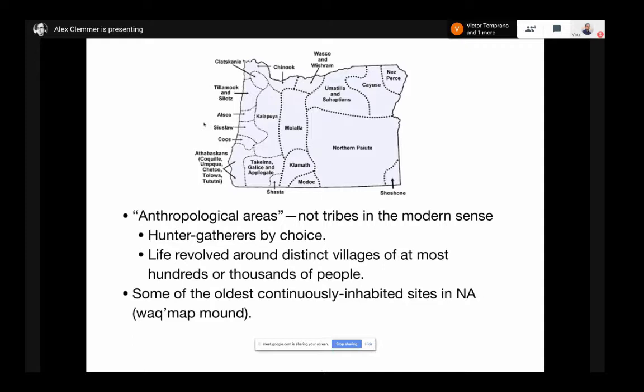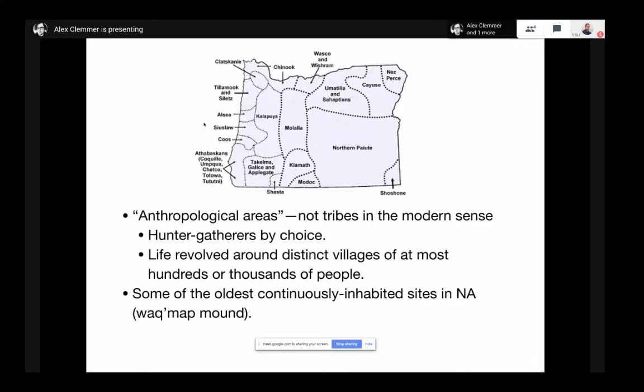And when you go read books about this, a really great book is Robert Boyd's People of the Dalles. One of the interesting things is that they tend to regard the tribes of the Columbia Plateau not as specific tribes, but as what they call anthropological areas. A lot of that is because the people of the area chose to be hunter-gatherers.